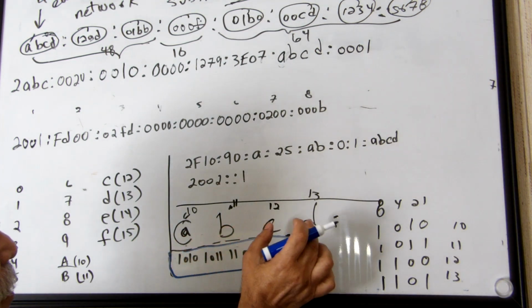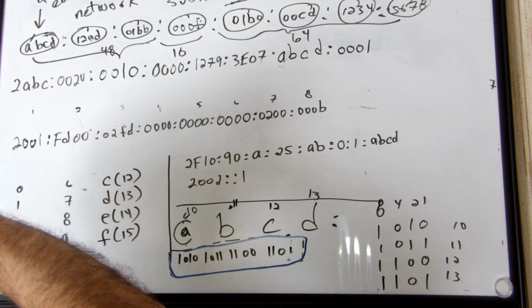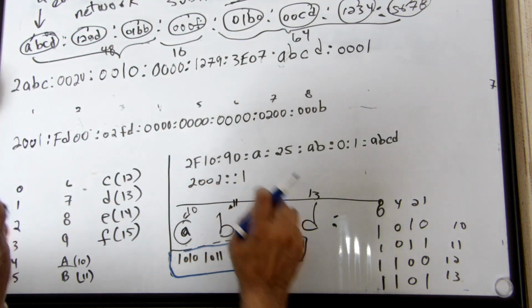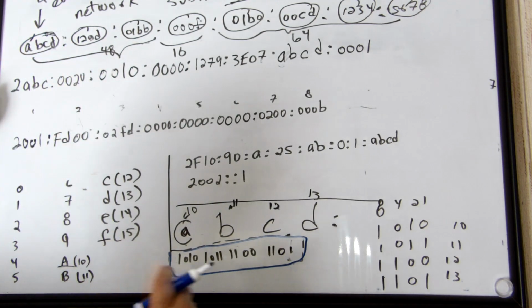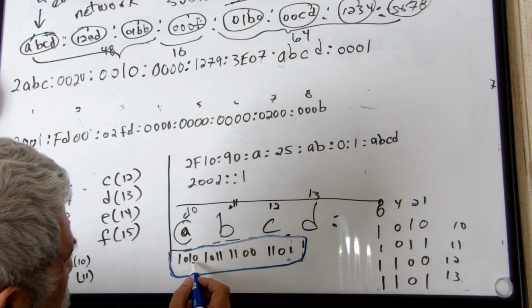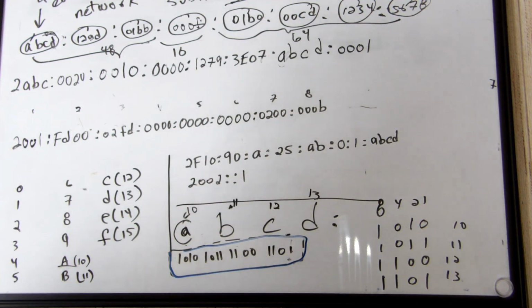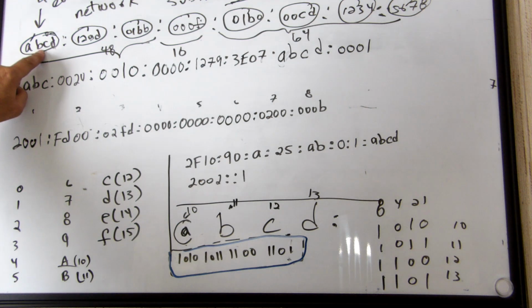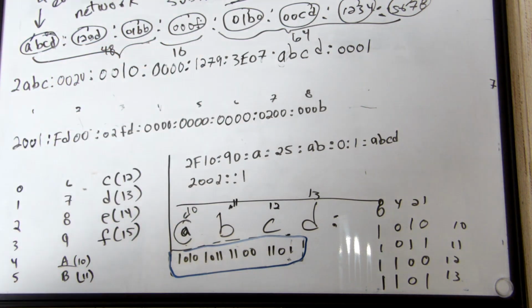Each of these fields, or hextets as some people call them, has 4 characters, and each character has 4 bits. So a total of 16: 4, 8, 12, 16. There are 16 bits in each of these. We are going to talk about these more in a minute.